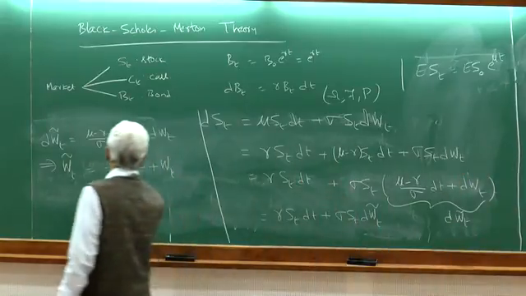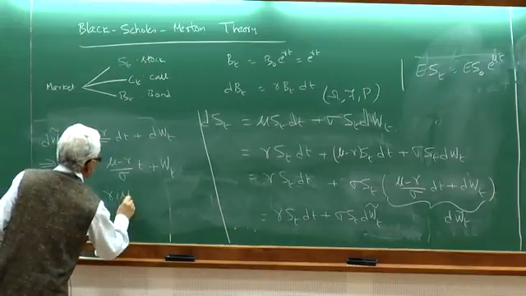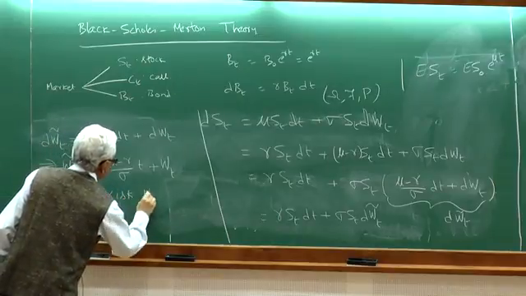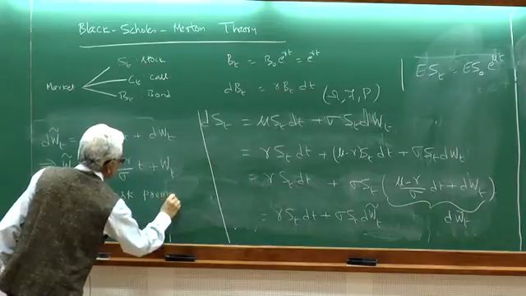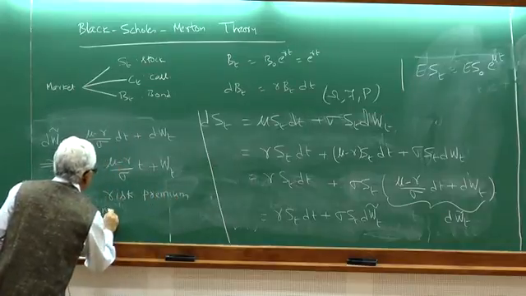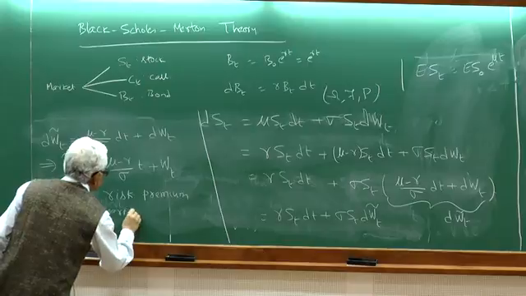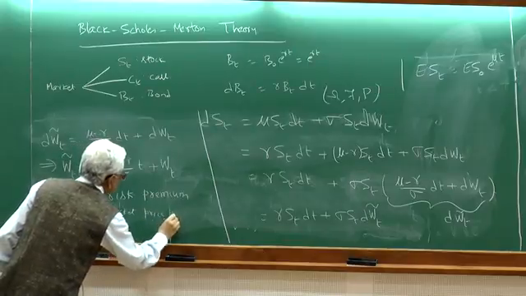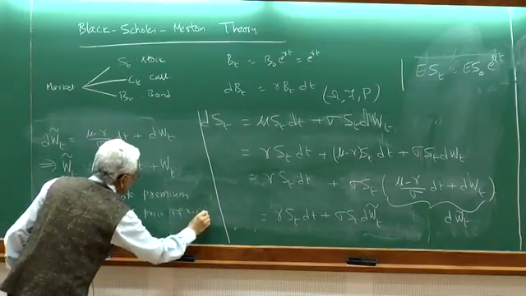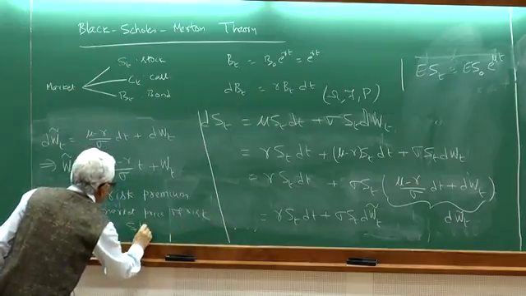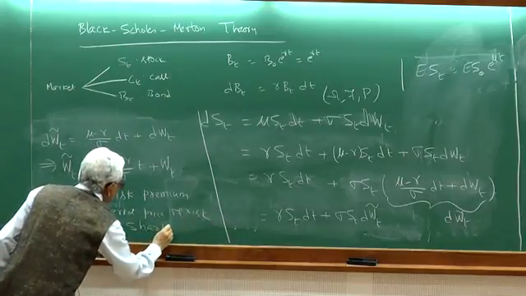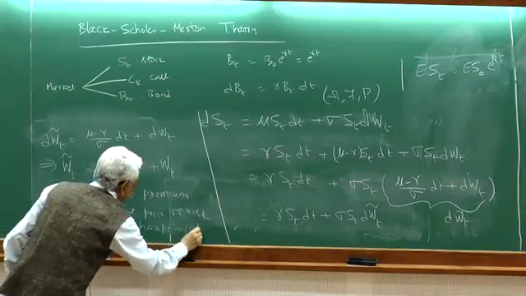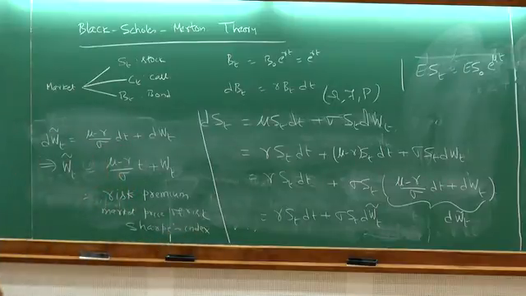There are many names: risk premium, market price of risk, Sharpe's index. Mu minus r over sigma is the excess return per unit volatility. It's a very, very important thing.